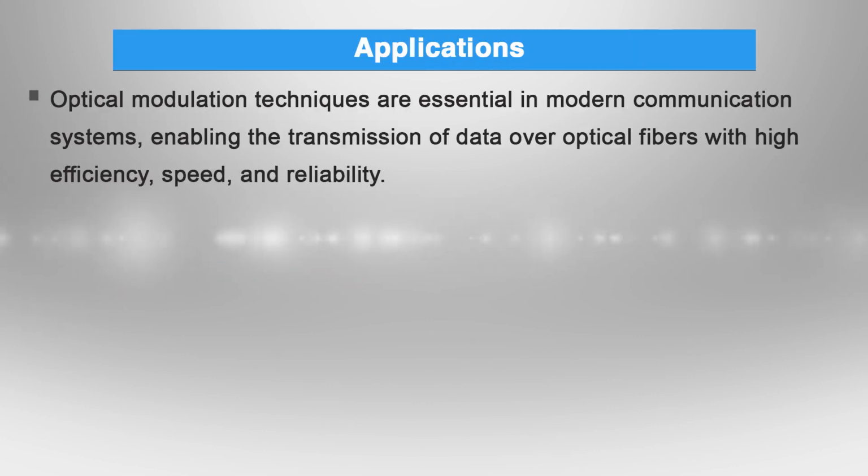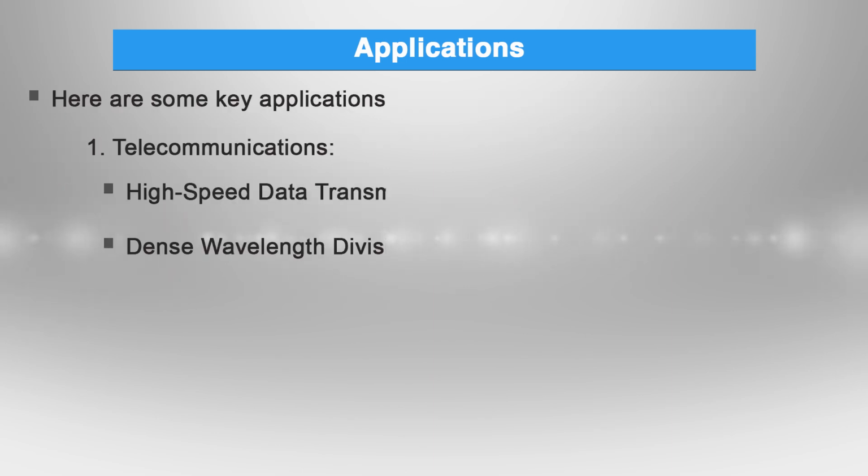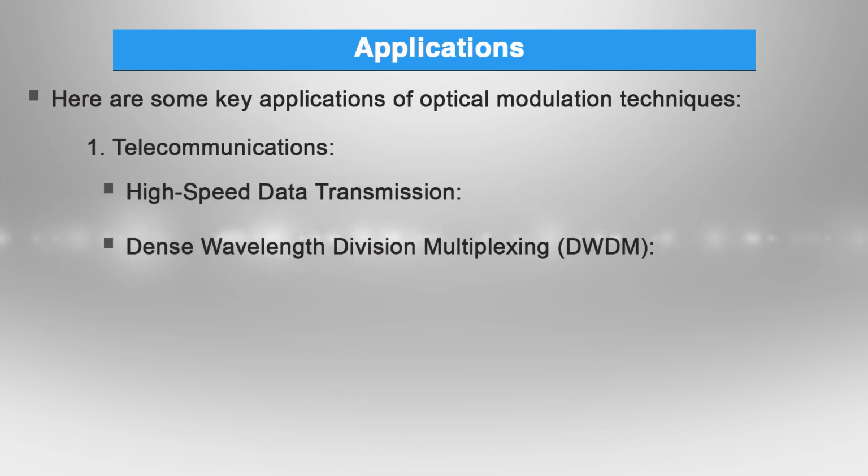Now let us discuss various applications of these modulation techniques. Optical modulation techniques are essential in modern communication systems, enabling the transmission of data over optical fiber with high efficiency, speed and reliability. Here are some key applications of optical modulation techniques.